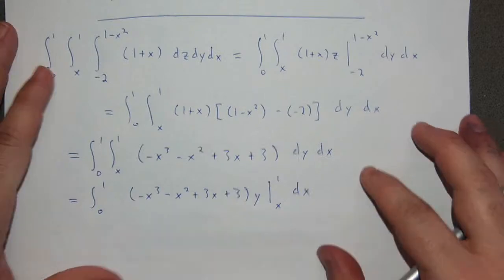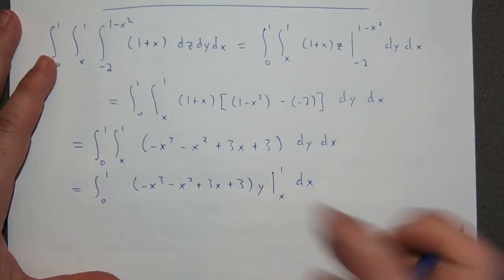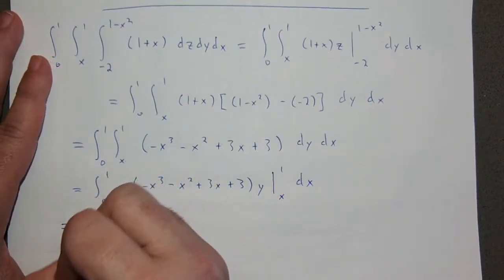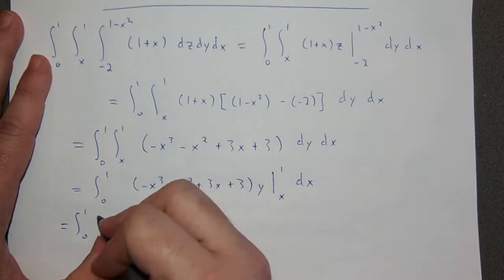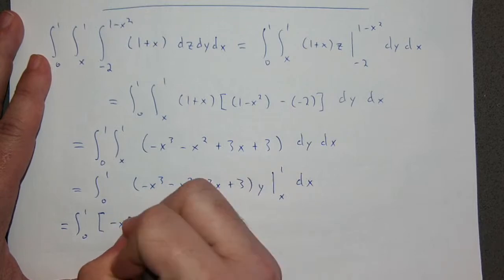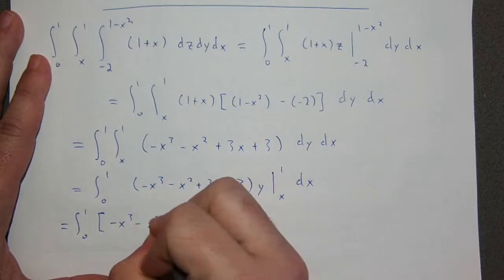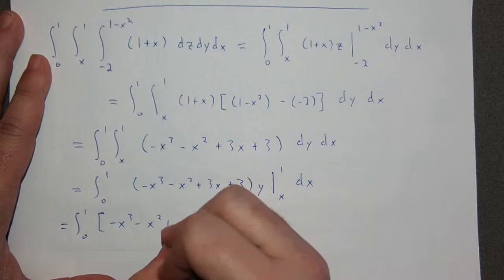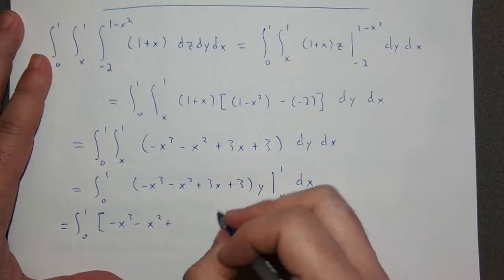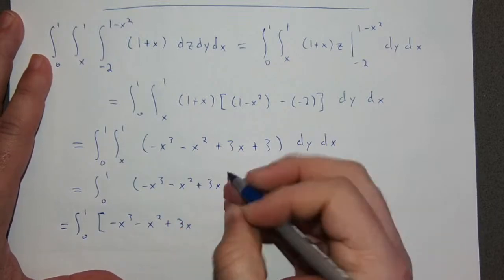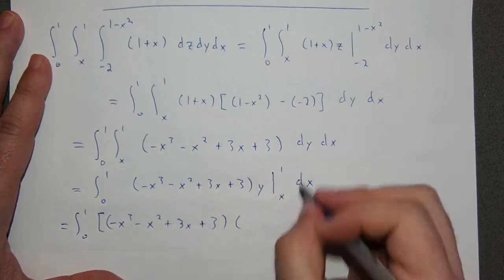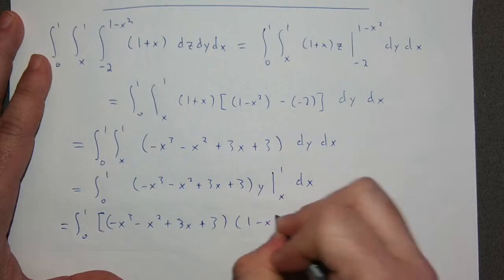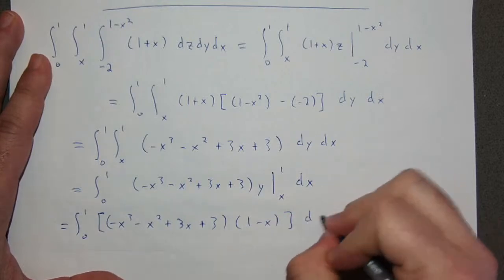So that's not too bad here. This is just going to be the integral from 0 to 1 of plugging in 1 here. I just get that whole expression, so let's just write that. This is minus x cubed minus x squared plus 3x plus 3 times 1 minus x, right, dx.